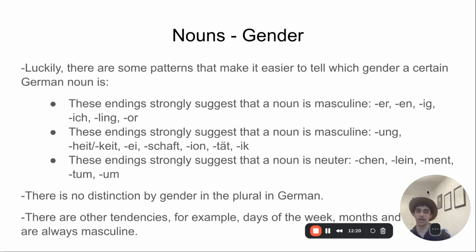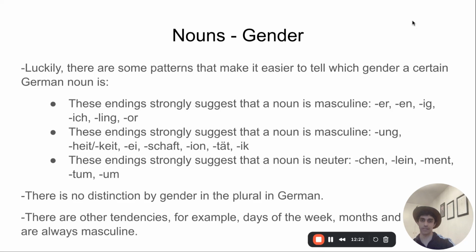There are, luckily enough, some patterns that really can help to tell which gender a particular German noun is. These endings, for example, really strongly suggest that a noun is masculine: the ending er, the ending en, the ending ig, ich, ling, like Frühling, for example, spring, or the ending or.